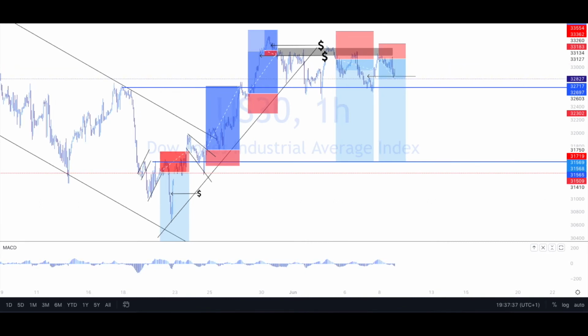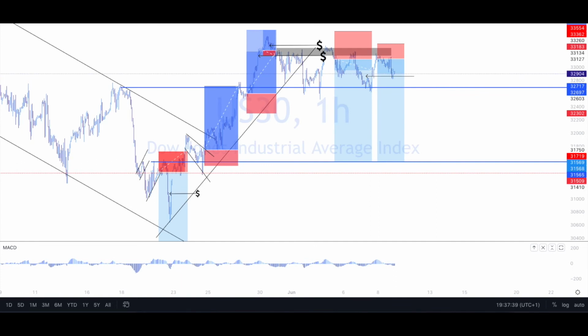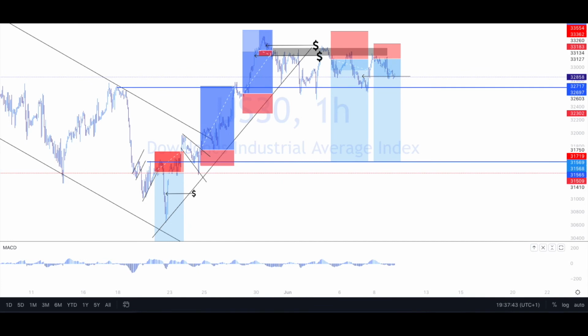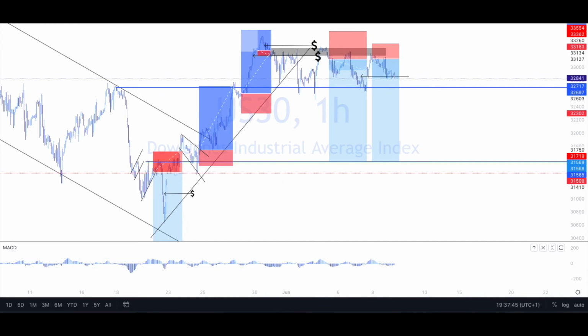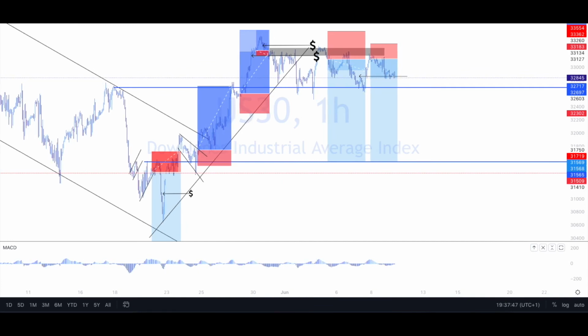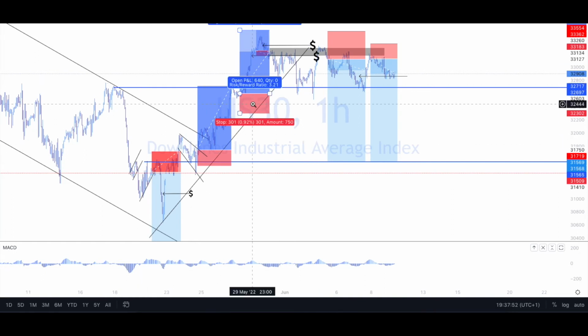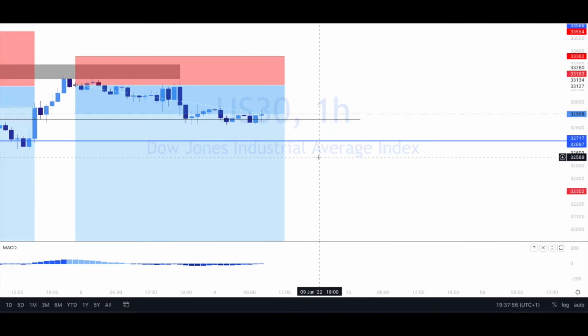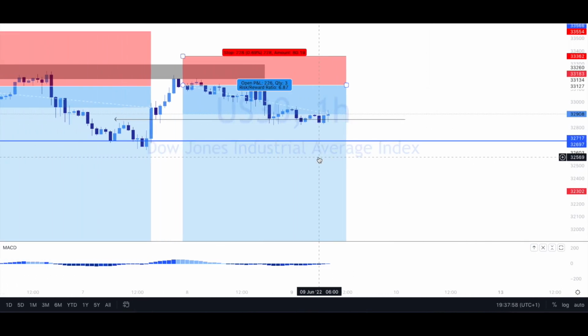Okay, so this is going very well. Okay, let me stop it right here. Let's zoom in for a second. Let's see what we got going on.